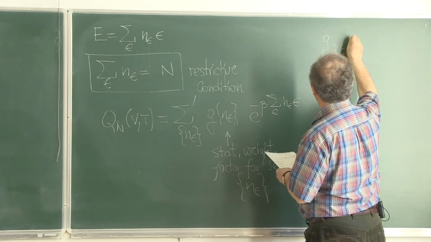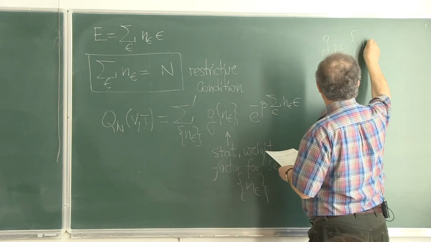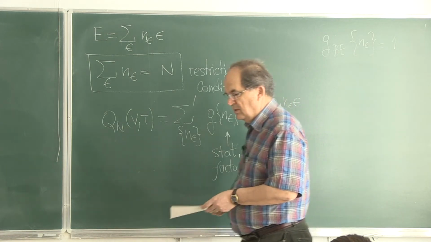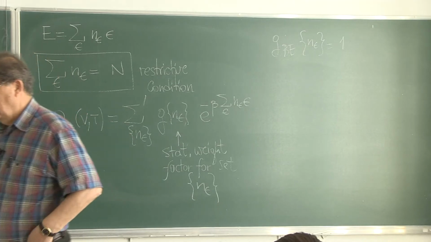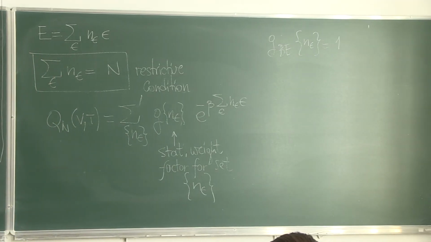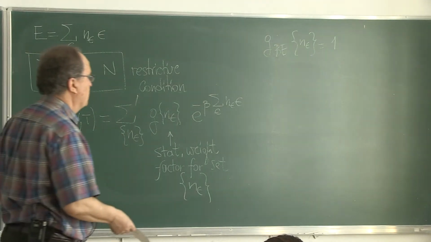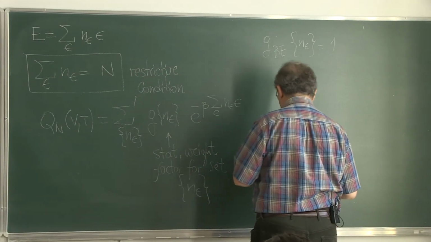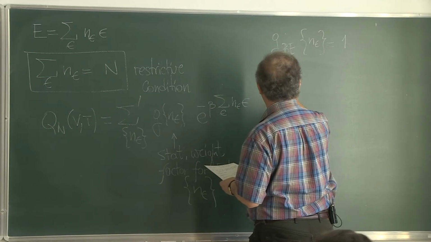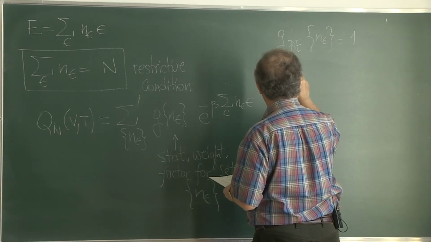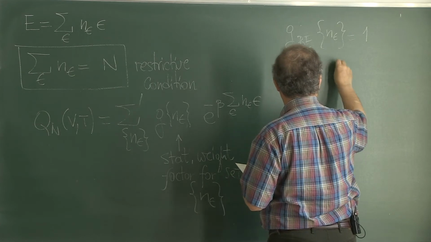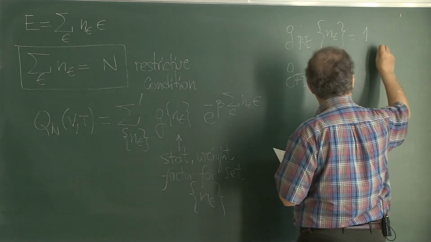Bose-Einstein, for example, must be 1, equal statistical weight for each set. For Fermi-Dirac, we have two possibilities.